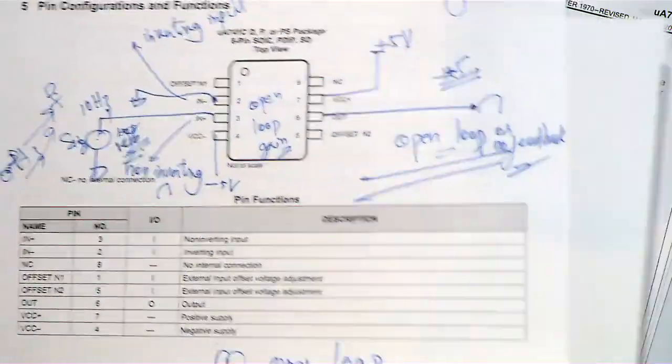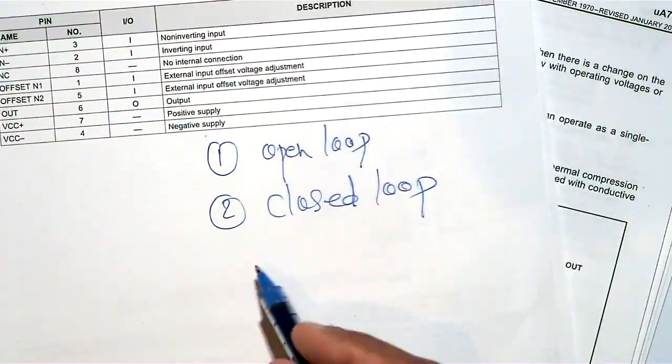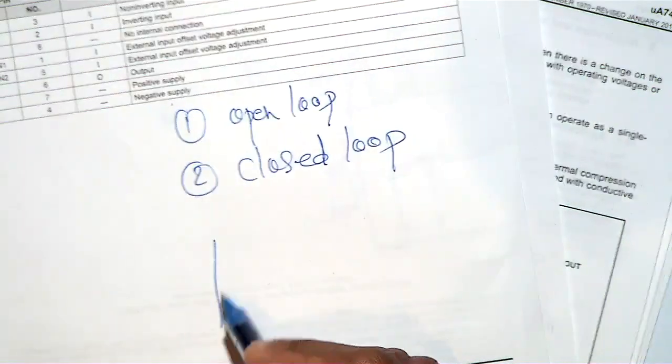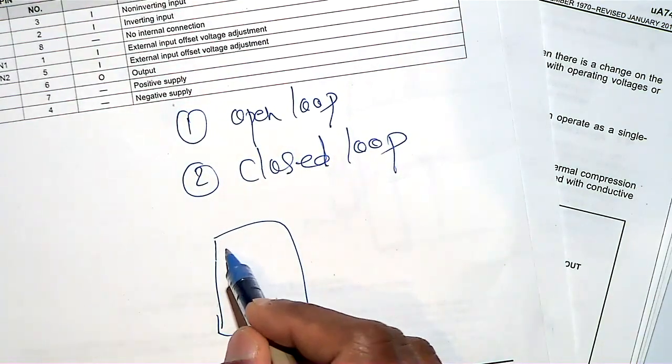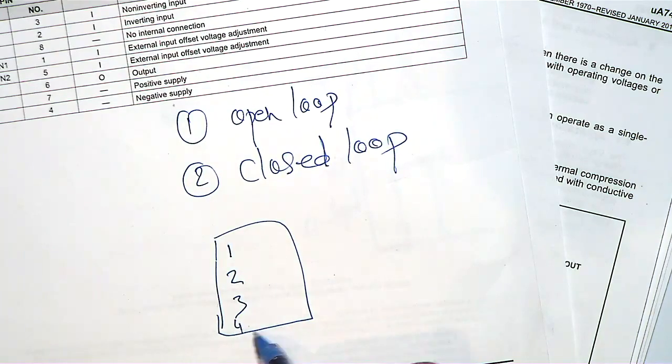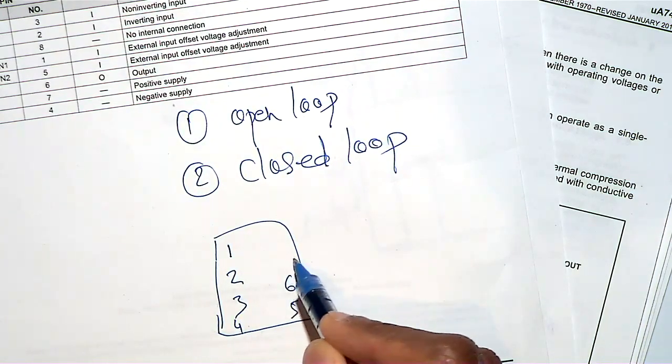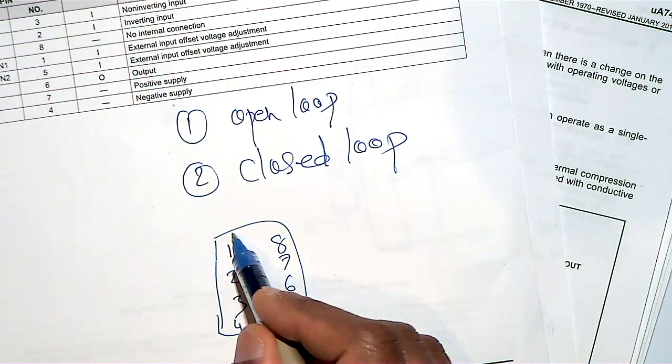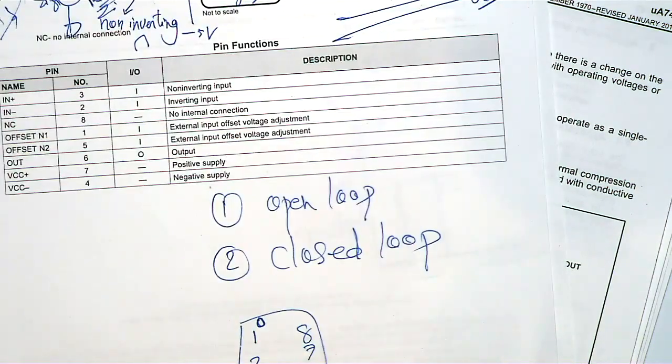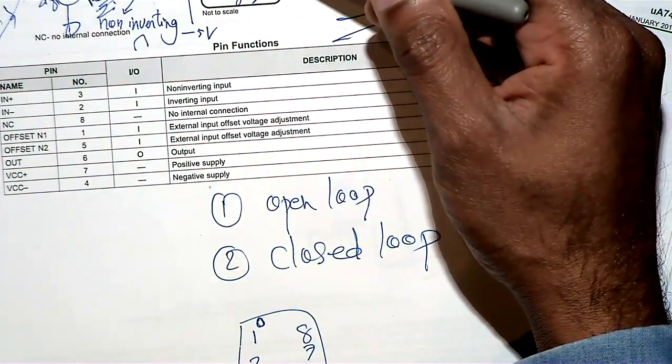So what do you mean by closed loop? Closed loop means again the same operational amplifier. I am going to get the LM741. Then this is pin number 1, 2, 3, 4, 5, 6, 7, 8. When you have the IC, you will see one kind of a notch here, something like a dot.